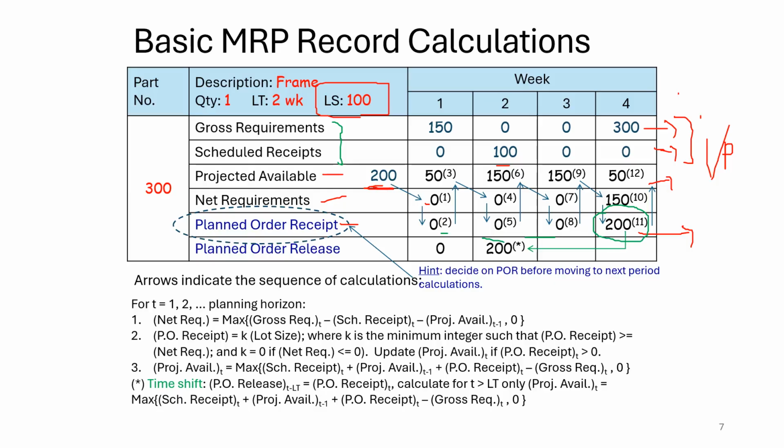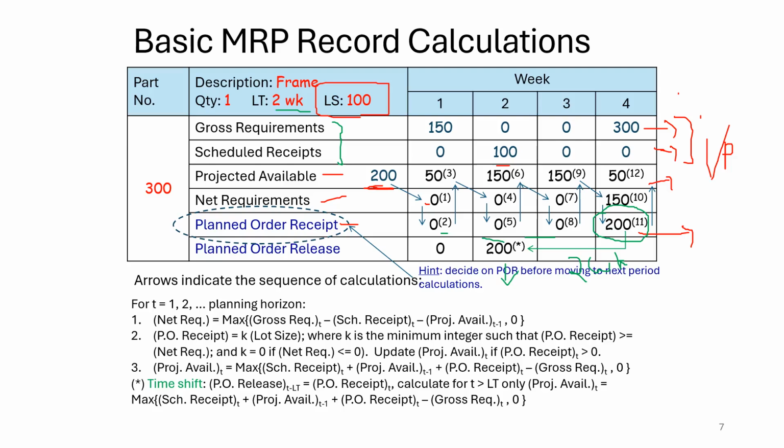And since the lead time is 2 weeks, if we need 200 units in week 4, we should place this order for 200 units 2 weeks in advance because of this lead time constraint, and we need to order this 200 units in week 2 itself. Only then we'll be ready with 200 units in week 4, and we won't have any delay in our production.